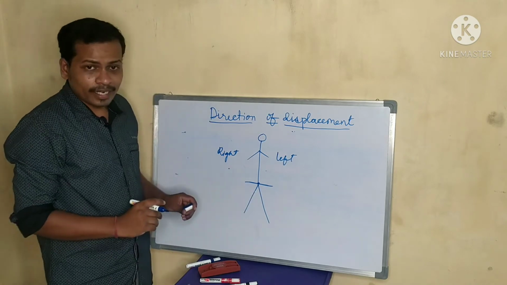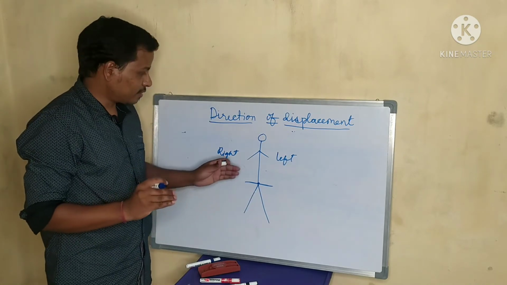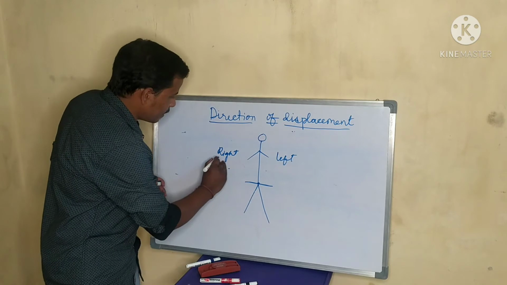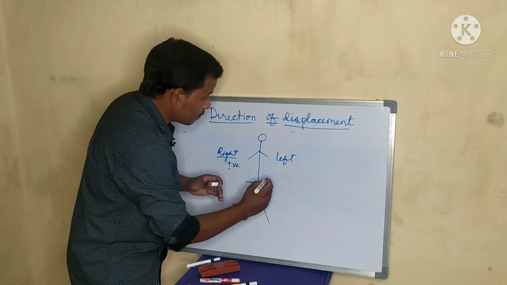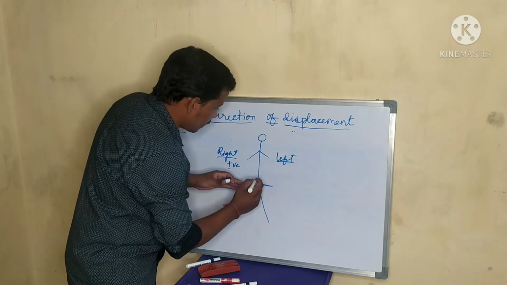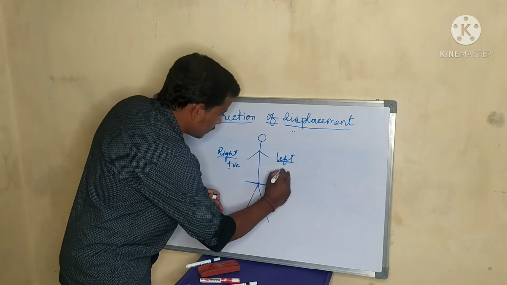If the linear displacement along the x-axis takes place to the right side, it is designated as positive. If it takes place towards the left side, it is designated as negative.